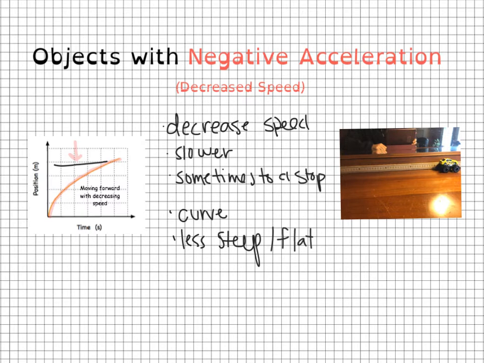Jump back over. So what we can write is, the toy car, good sentence starter, had negative acceleration or slowed down until it reached the end.